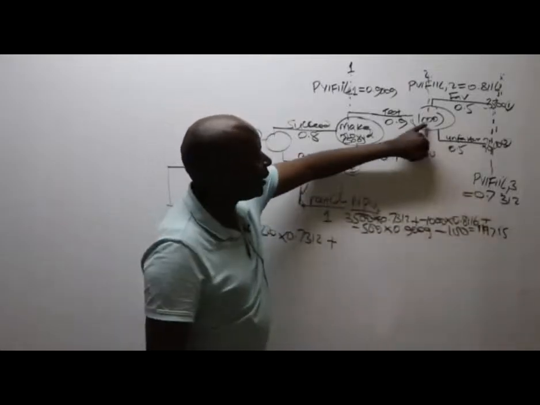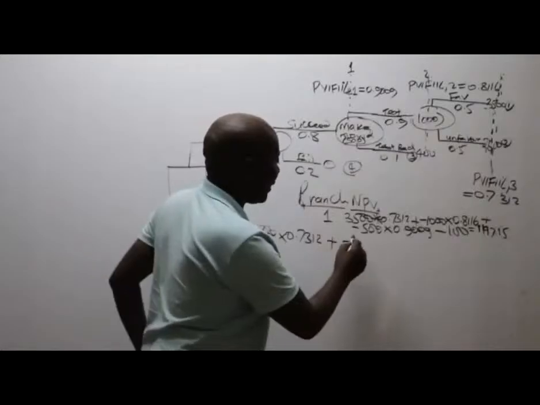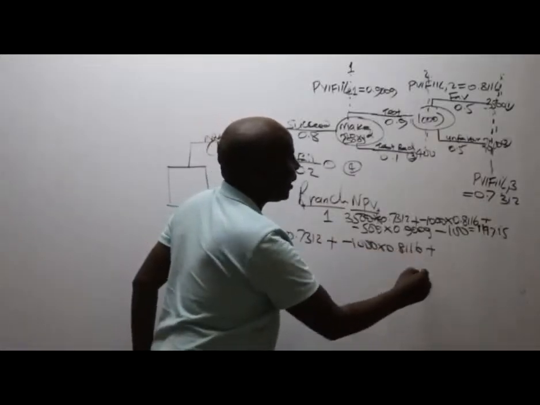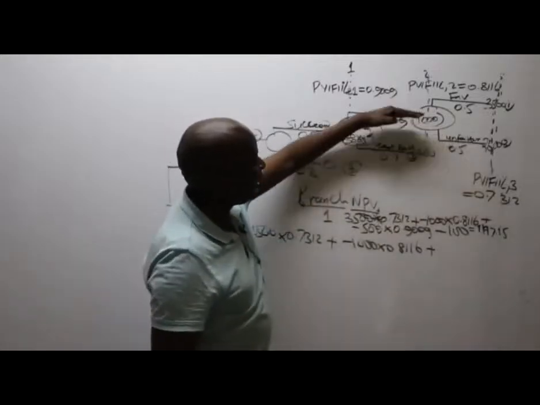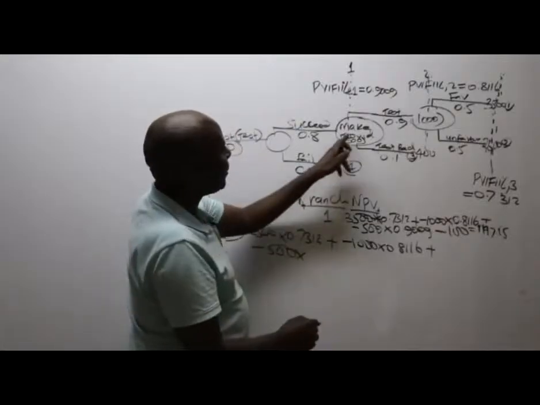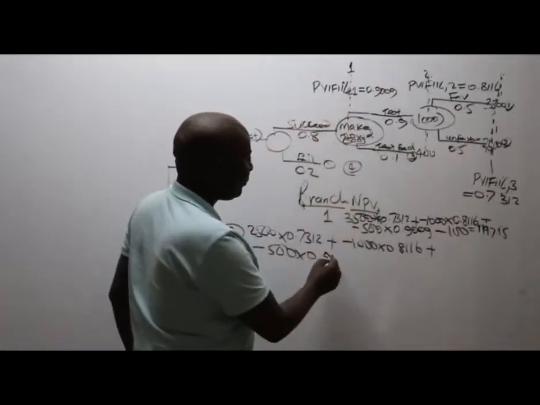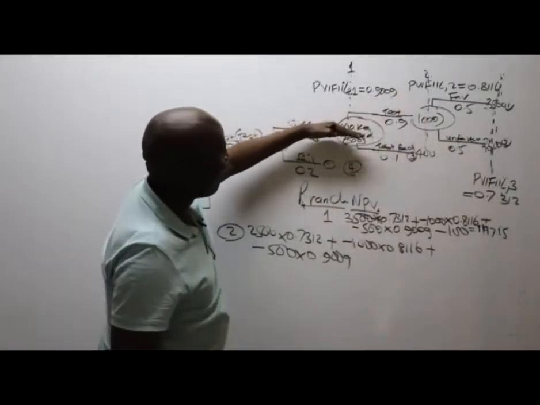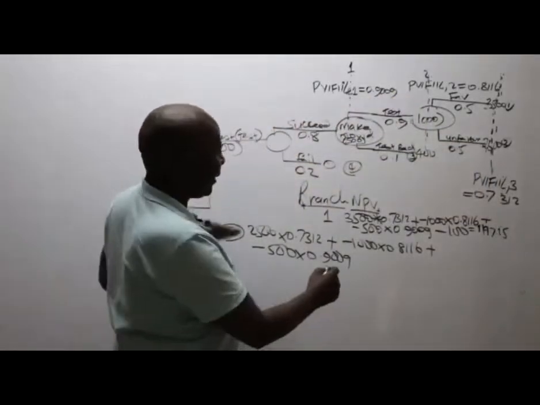Plus, I'm moving here, I can see on my road, there is this minus 1,000 times 0.8116, plus, continue with my journey, picking only cash flows alone, minus 500 times the discounting factor. I'm continuing with my journey, until I see this minus 100.